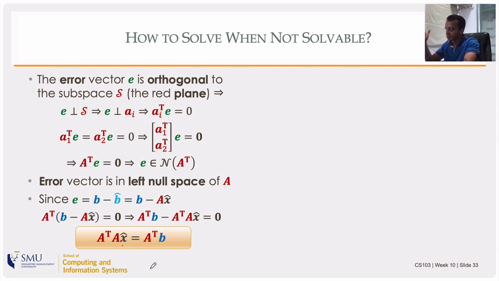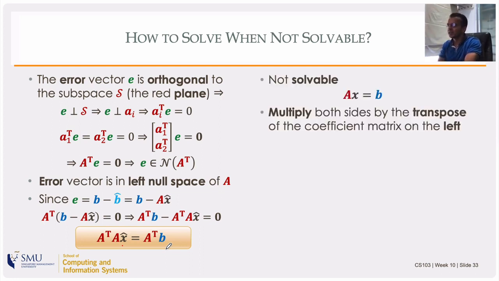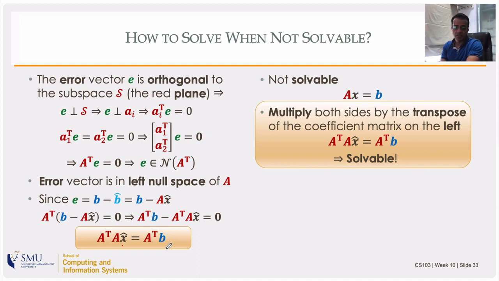If you have a matrix A, part of a data matrix, and you have some B constants vector, you know that AX equal to B doesn't have a solution. All you have to do is multiply both sides on the left with A transpose, then suddenly, magically, it becomes solvable. Multiply the coefficient matrix on the left with A transpose and the constants vector on the right hand side also, then suddenly it is solvable. So this is what you have to remember.